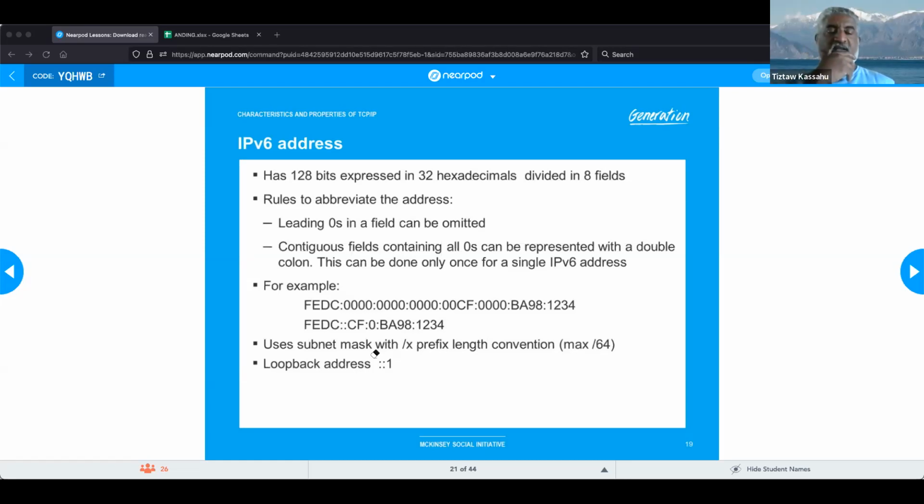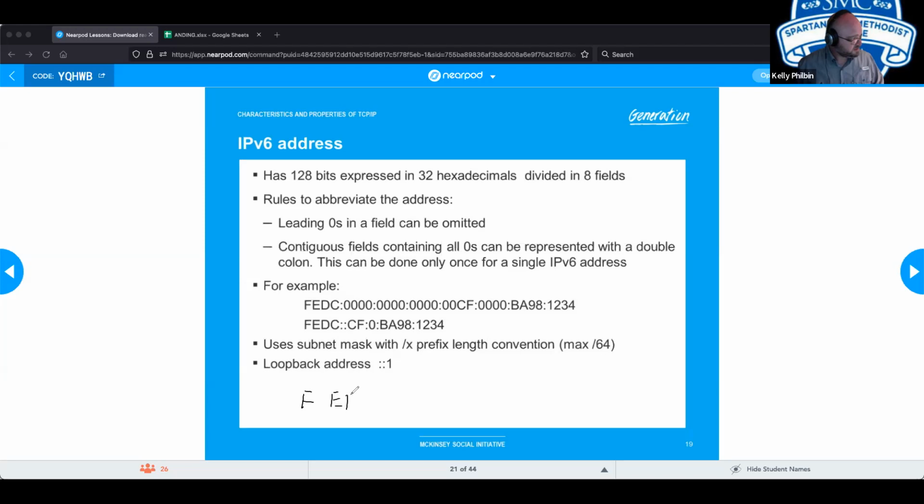Yeah, my question again, this double colon, does it not compress more than 3 groups, or can it? It can be as many as you want. If this was FEDC and all these were zeros and then 1, 2, 3, 4, you would quite literally write it as FEDC colon colon 1, 2, 3, 4.